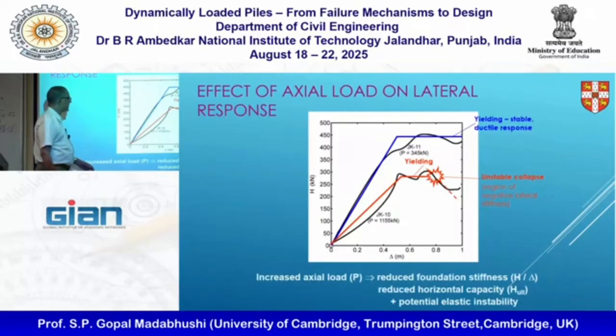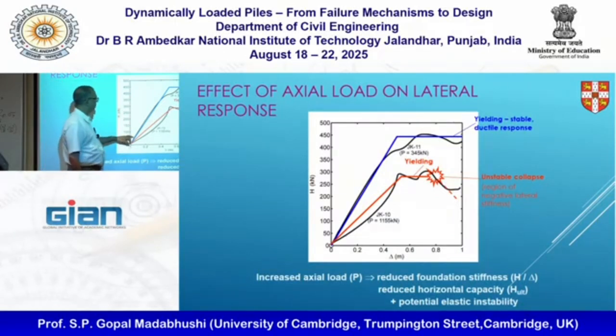The blue line and red line are idealized lines. The actual experimental ones are in black. They're not perfectly like that, but they're not far off. In fact, I would say it's pretty good.